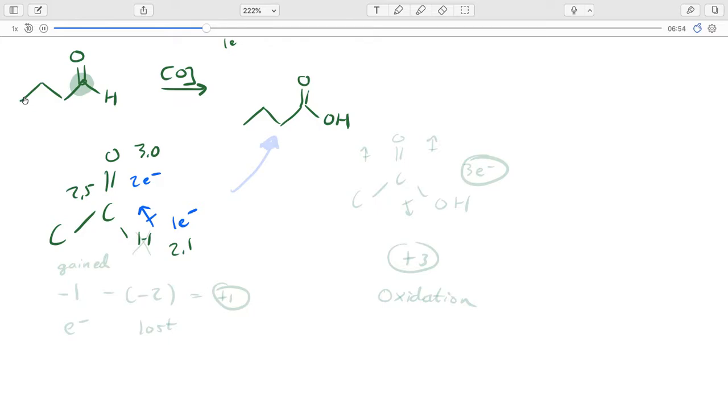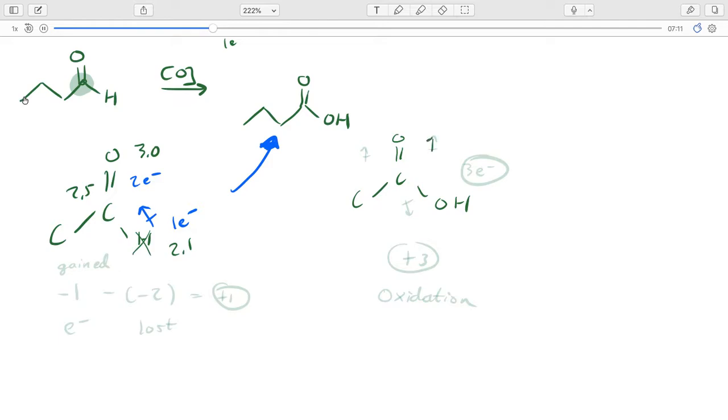We should probably go over oxidation states. But then when we oxidize it to an acetic acid, we got rid of this hydrogen right here and replaced it with an oxygen. So now we'll draw it out again. Carbon, carbon, oxygen, oxygen, oxygen.